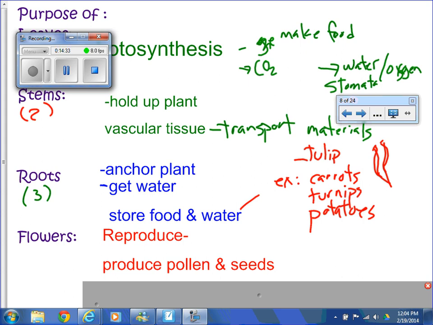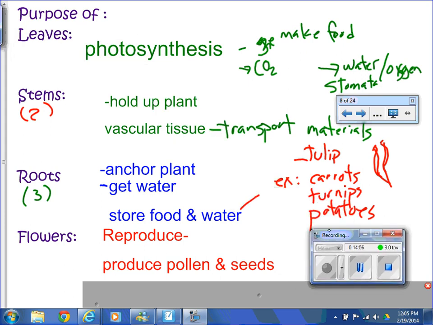Seedless grapes, seedless watermelons, right? The whole point of a fruit is to protect the seed, and we genetically engineer them not to have seeds. But anyways, the whole purpose of the flower is to reproduce. They produce pollen and seeds, and we'll talk about that a little bit more in one of the next slides here.